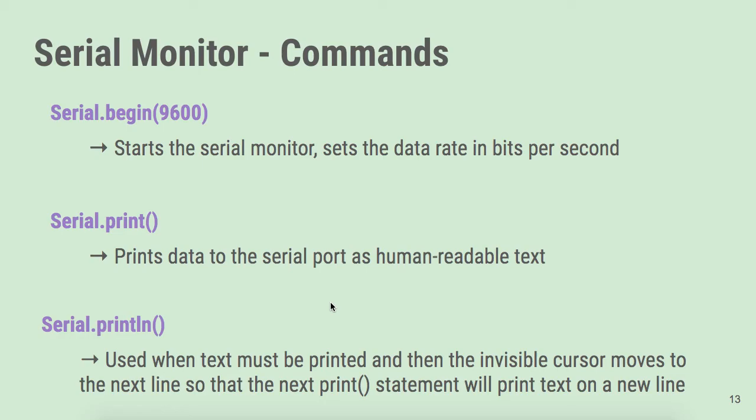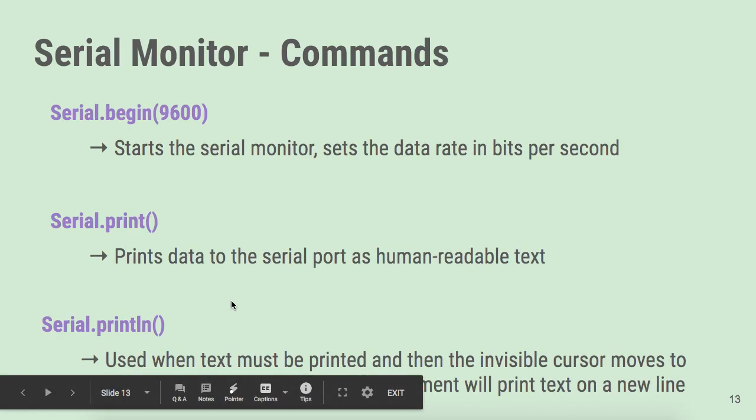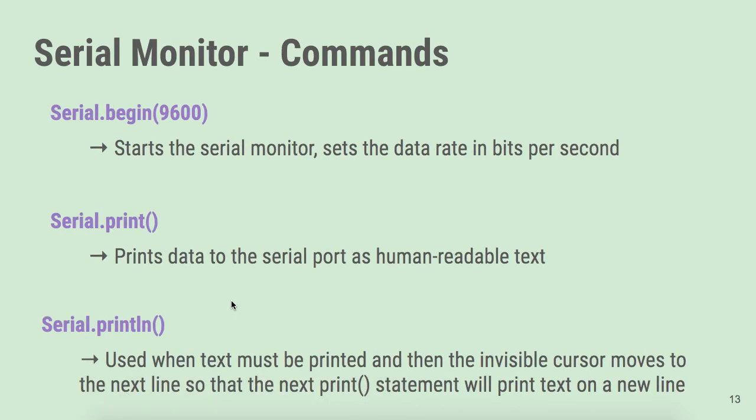And then very similarly to Serial.print, we have Serial.println. We probably use this one the most. It's used when text must be printed and then the invisible cursor moves to the next line so that the next print statement will print text on a new line. I know it doesn't make a lot of sense right now, but I'll show you some examples.